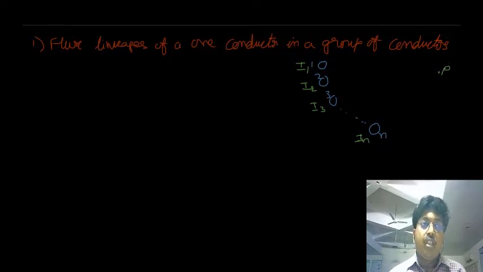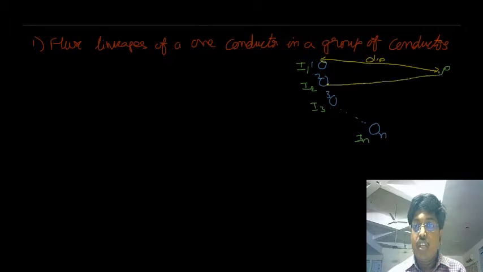For this, I am considering the distance between conductor 1 and point P, assumed as D1P. Similarly, the distance between conductor 2 and point P is D2P, the distance between conductor 3 and point P is D3P, and the distance between conductor N and point P is DNP.